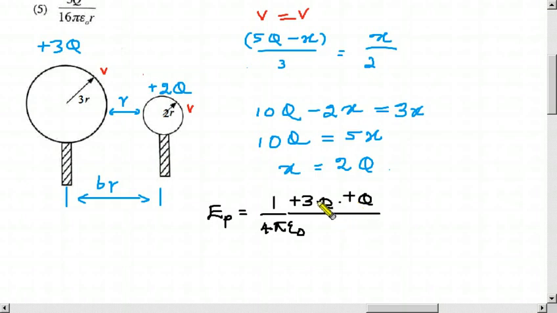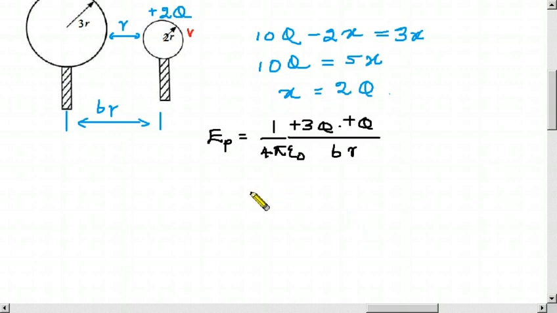Therefore, when you write these charges, remember to write the sign also. Positive 3q times positive 3q like this, then divide by 6r, then 3q squared.